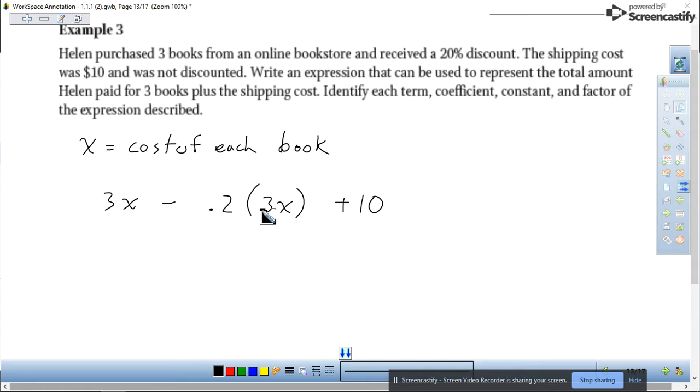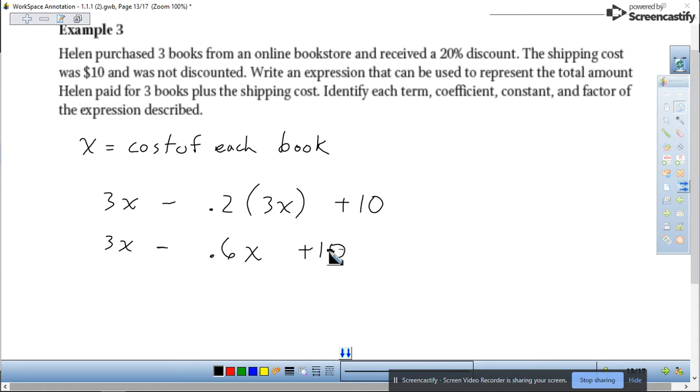So nothing I can really do with the 3x right now, so I'm just going to bring that down. However, I can multiply the 0.2 times the 3 here. Okay, I can clean that up. So 0.2 times 3 turns out to be 0.6. Okay, so 0.6x. And then we have that plus 10 on the end.